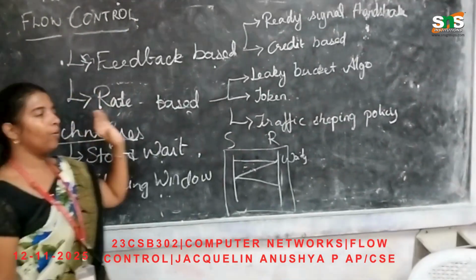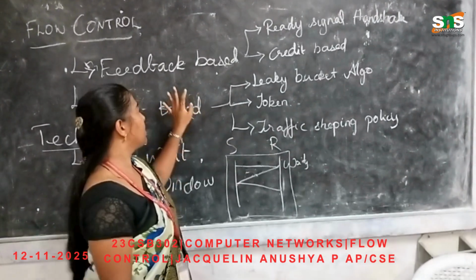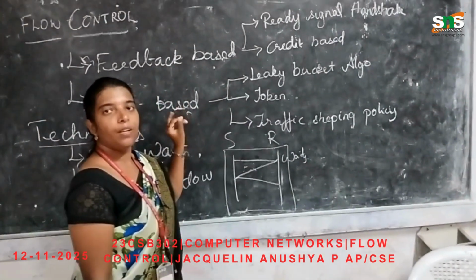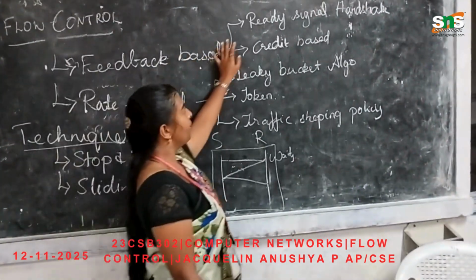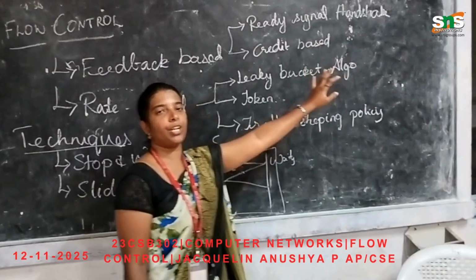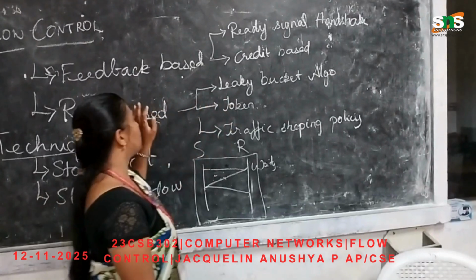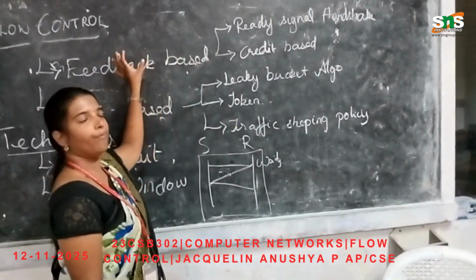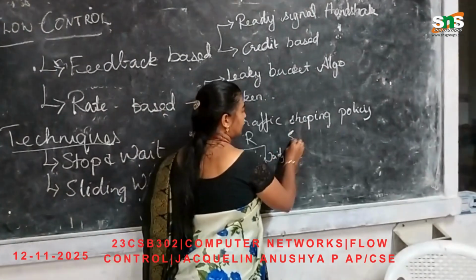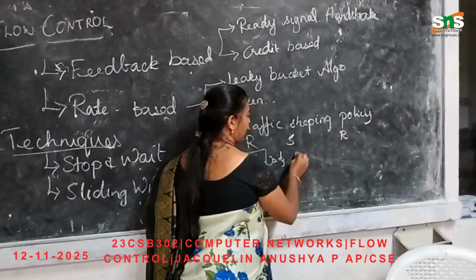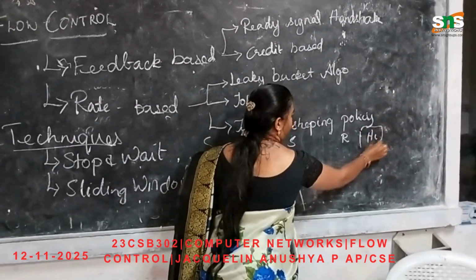In flow control we have two types, as I told you: feedback based and rate based. The algorithms used for these are the ready signal handshake and the credit based algorithm. For example, this is the sender side and this is the receiver side, and I want to send the text "hi".